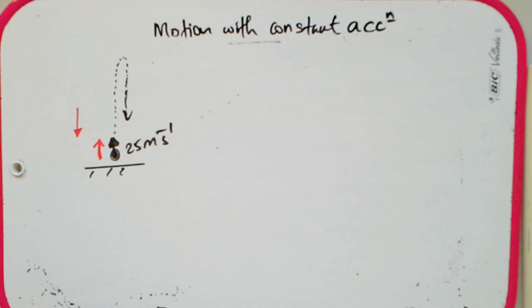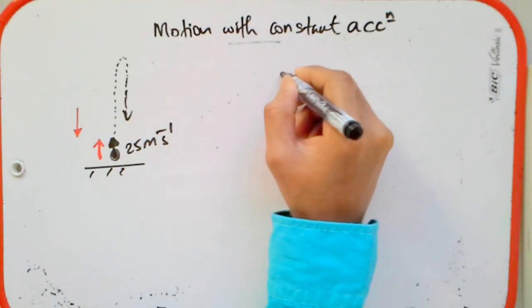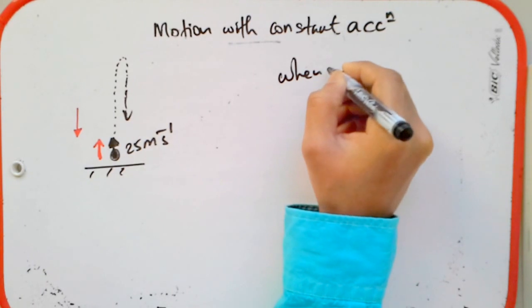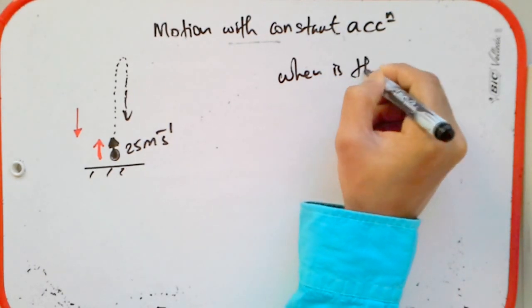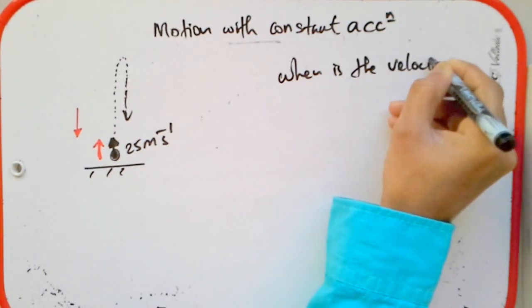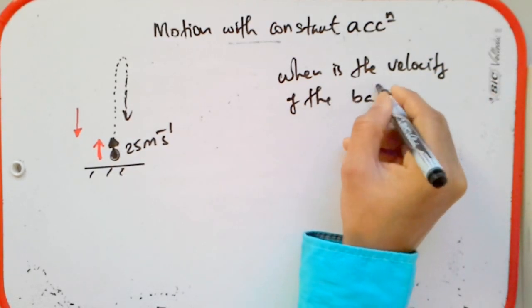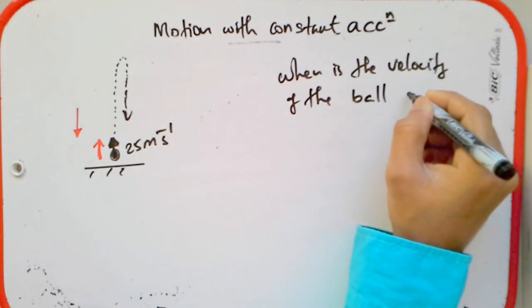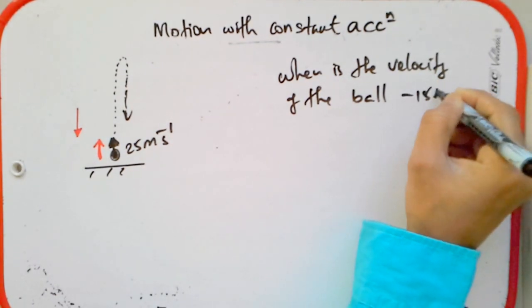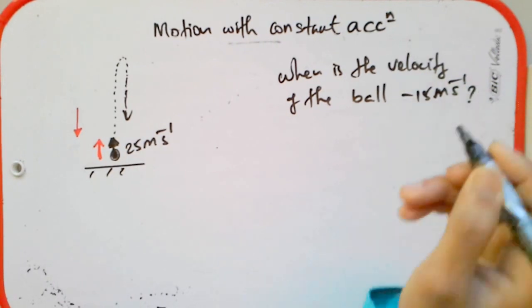The next part of the problem is, when does the velocity of the ball reach minus 15 meters per second? When is the velocity of the ball minus 15 m s^-1?